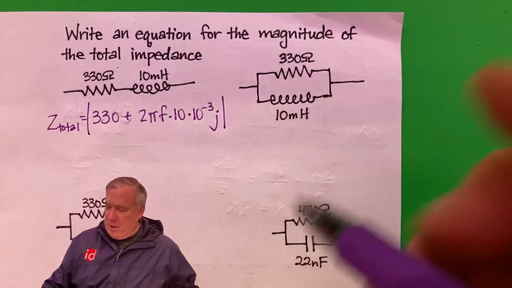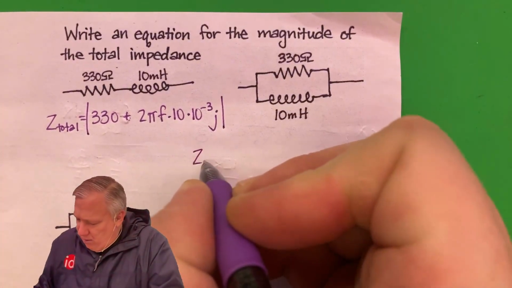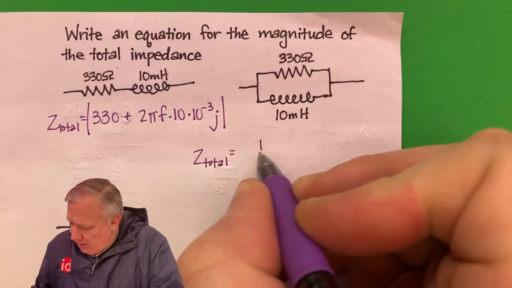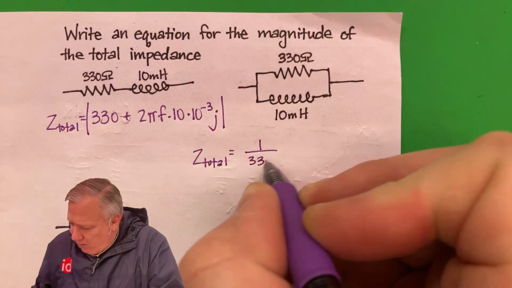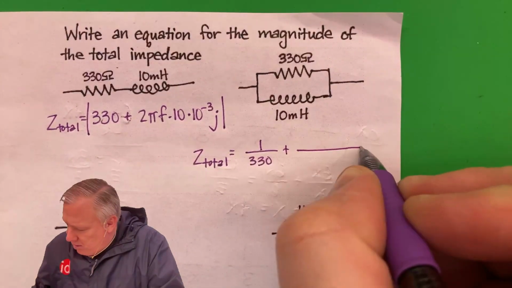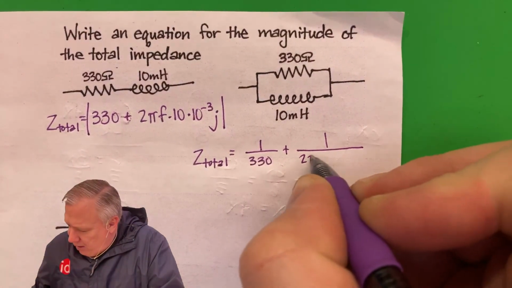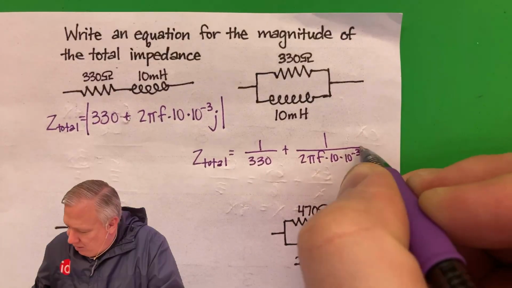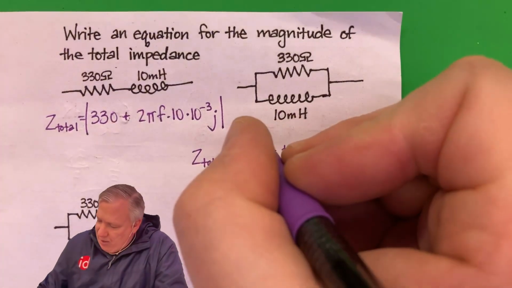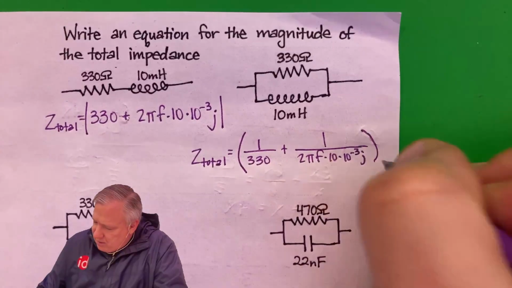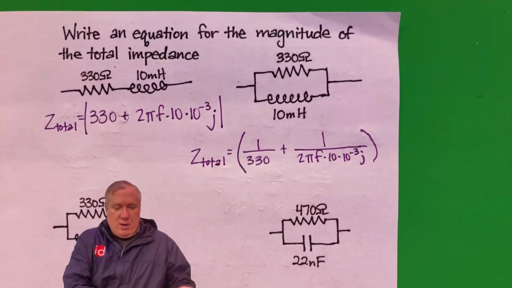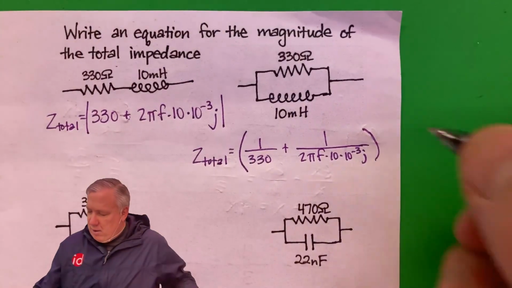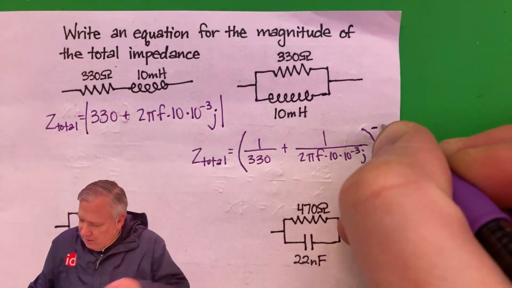So if I were to do that in parallel, I would write z total is equal to, and now I write the same thing, but I write 1 over 330 plus 1 over 2 pi f times 10 to the negative third j, all underneath that fraction. And then the formula says, and again, I'm referencing our notes here that I had you take, this note right here, to the negative 1 power is what it says.